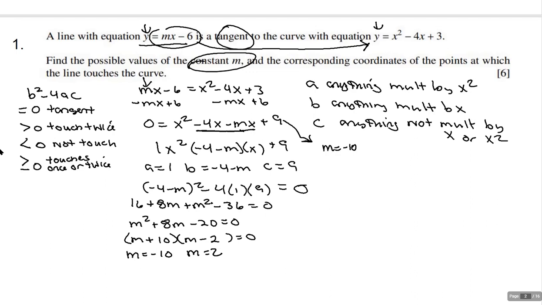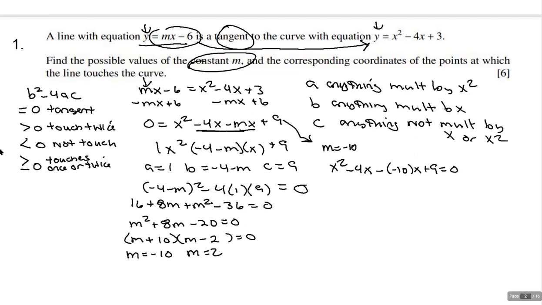What I'm going to get is x squared minus 4x minus negative 10 times x plus 9 equals 0.